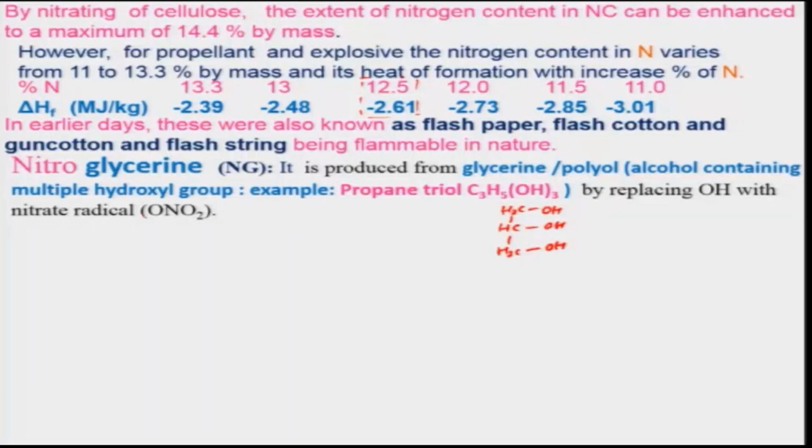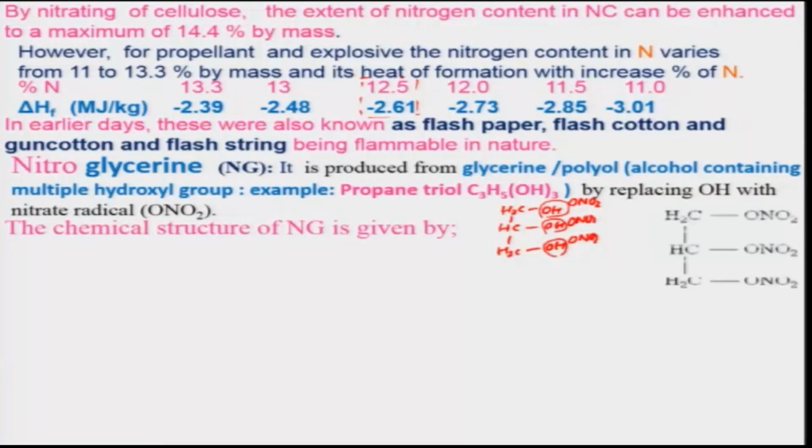When each is replaced by ONO2, you will get nitroglycerin. This is your nitroglycerin.